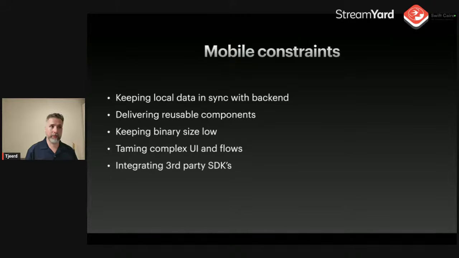Then you have to integrate third-party SDKs because they ship with the app. You have to deal with them, and they are not always stable or easy to use. Then there's the performance. But there's a lot of stuff, right, for a mobile developer to deal with. So this is the context in which we would work in mobile development.